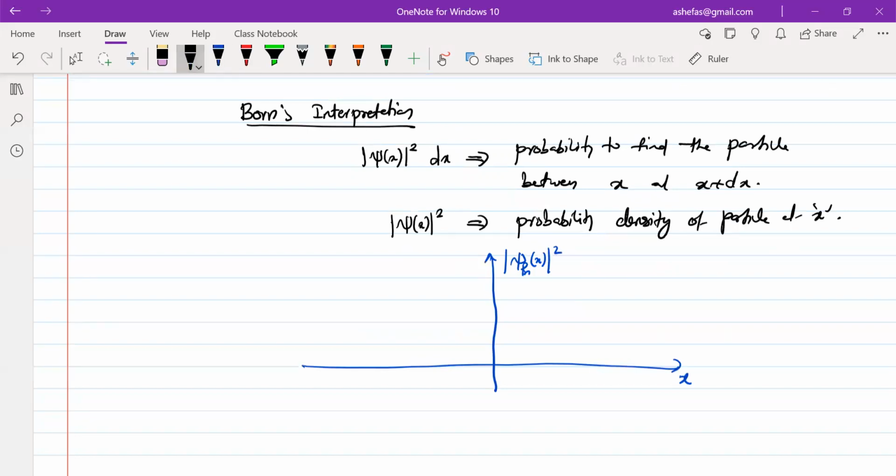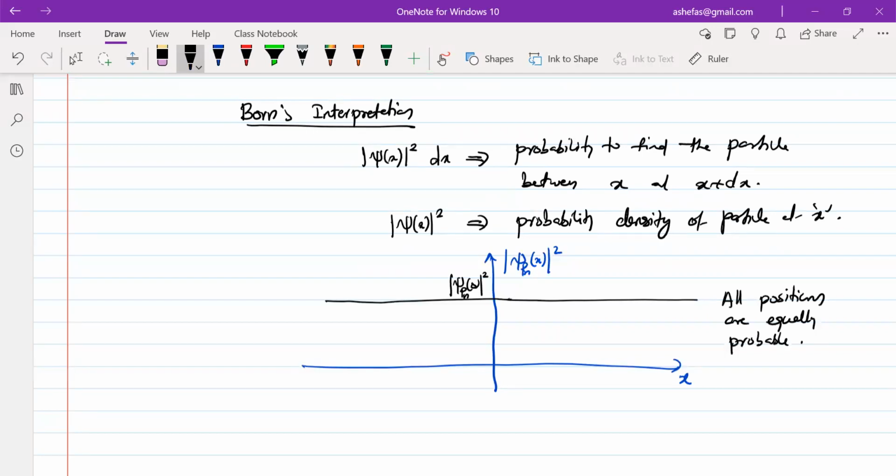What you'll get is that this probability density is just a constant, equal to mod psi Pn of 0 square. That means at every point in space, all positions are equally probable.